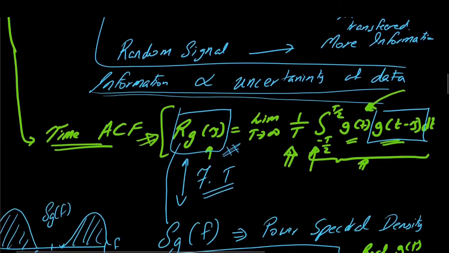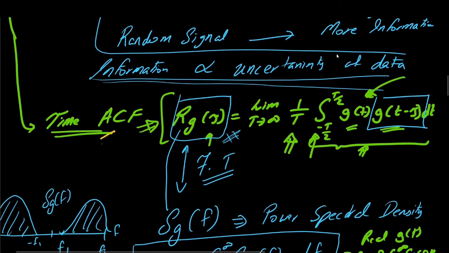So we have expressed the mathematical expression of the time autocorrelation function in the earlier video, that is g of tau, where tau is the time delay. Limit T tends to infinity, 1 by T, integration from minus T by 2 to T by 2 of g of t minus tau.